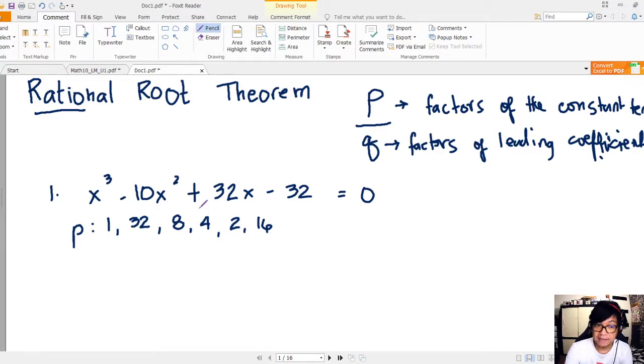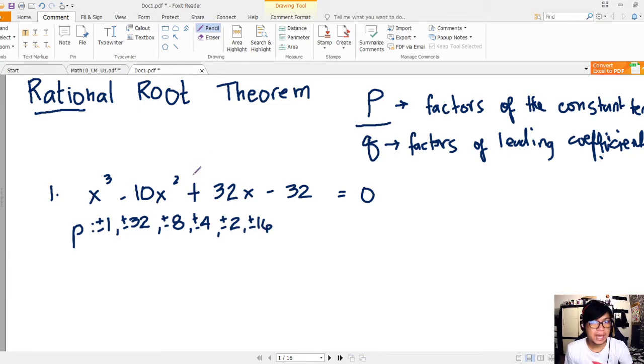Tama? Negative 8 times negative 4 is also 32. So they are also part of our P. So ibig sabihin, pwede natin isali yung positive negative 1, positive negative 32, positive negative 8, positive negative 4, positive negative 2, and positive negative 16. Dapat kasali yung negative numbers because negative numbers, when we multiply them to negative numbers, will give a positive. So, factors pa rin siya ng ating constant term.